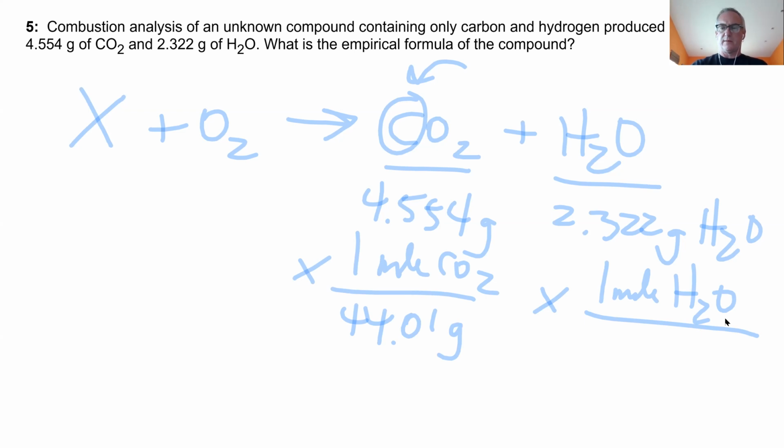And then water again, what was that? It's 18.02, I believe. Yeah. Last time we checked. So how many moles of CO2 do we have?